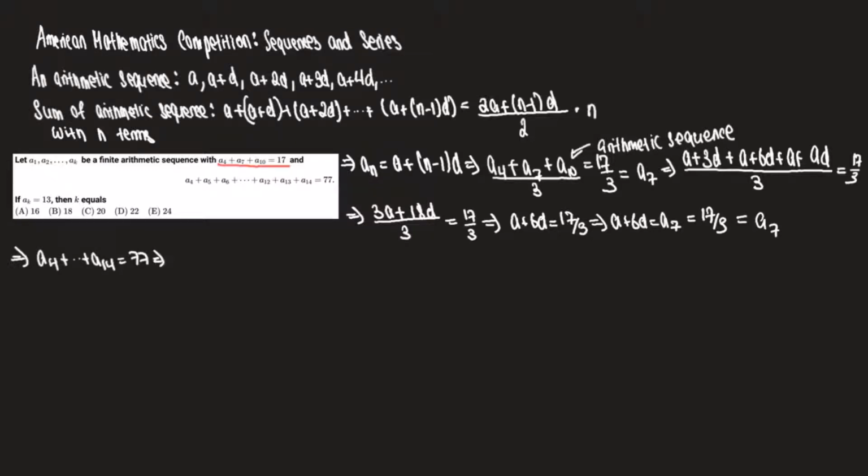So there are 11 terms. The average of that is equal to A9, because A9 is the middle. So A9 is equal to 77 divided by 11, which is equal to 7.